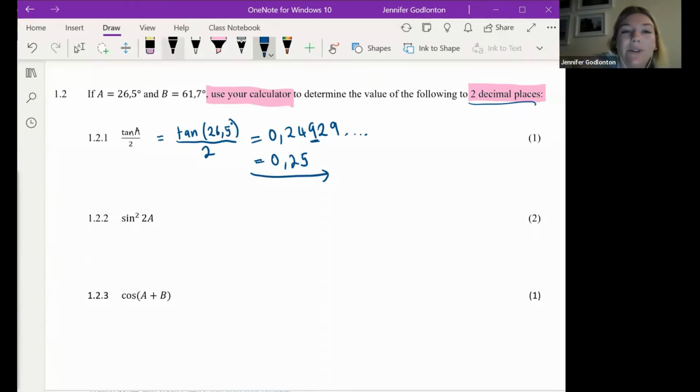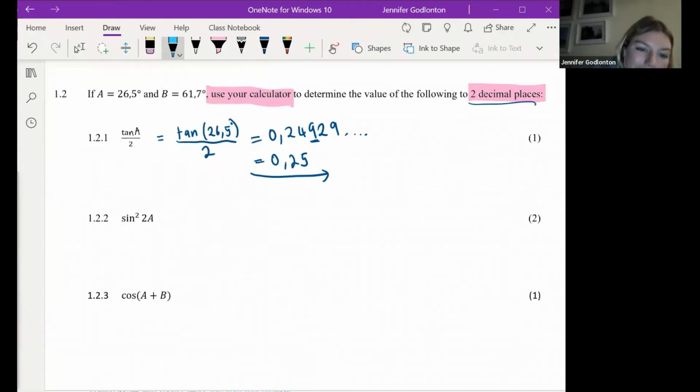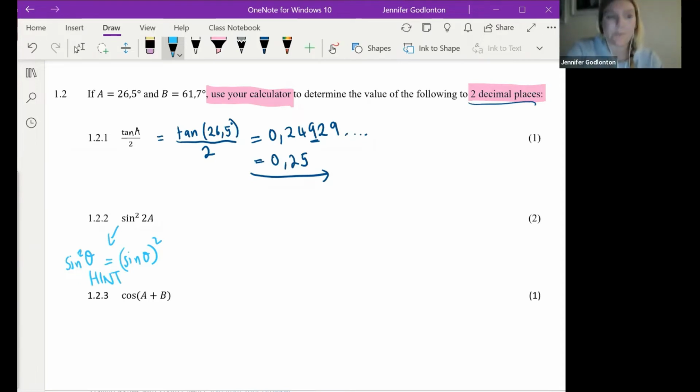I will tell you, as a little helping hand, that sine squared theta is the same as sine theta all squared. That's my hint. That's a big time hint. So give 1.2.2 a try and give 1.2.3 a try, and then I'll go over both with you.